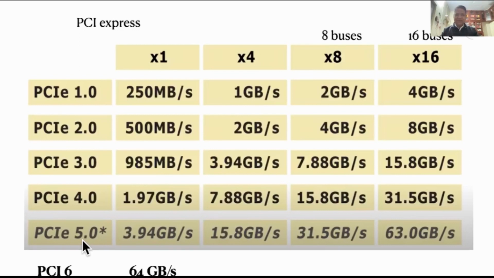PCI 5 with 16 lanes will be 63 gigabytes per second. This is the 5th generation PCI. Now we also have 6th generation PCI, which will be 64 gigabytes per second. So with PCI 5 here, we can transfer about 64 gigabytes per second with this bus.